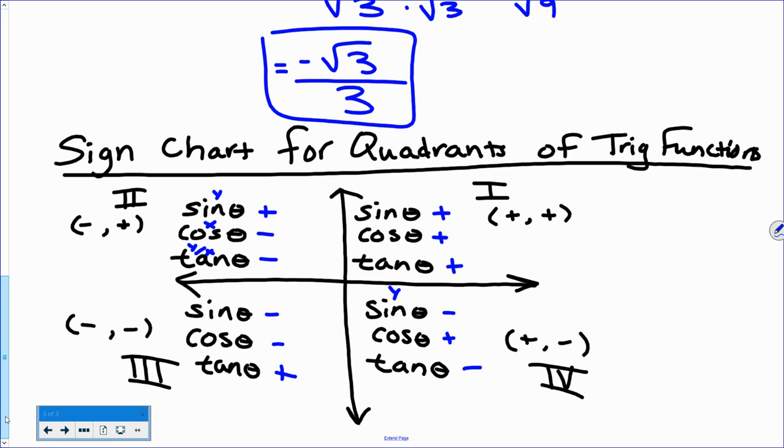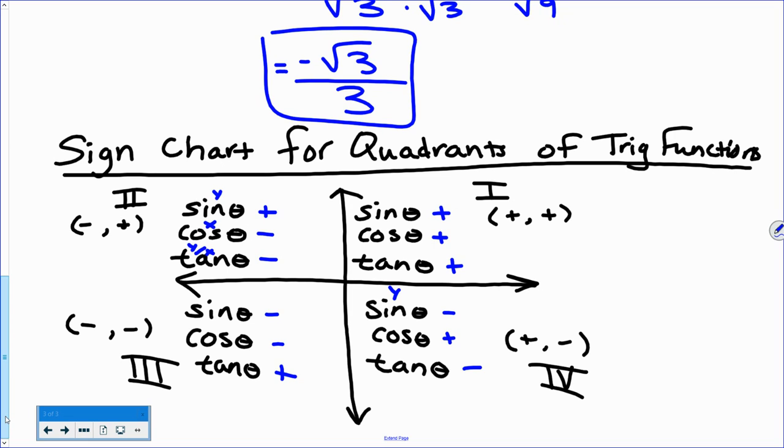So you'll be asked, in quadrant 2, is sine positive or negative? And you just check, positive. You might be asked about your reciprocal functions as well. So if I ask you about cosecant, you just need to know that cosecant would be the reciprocal for sine. If I flip over a fraction that's positive, it's still positive when I flip it over. If I flip over a fraction that's negative, it's still negative when I flip it over.